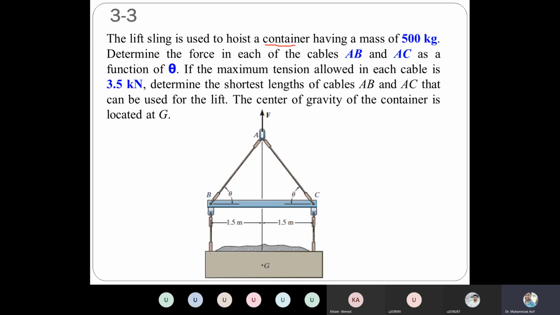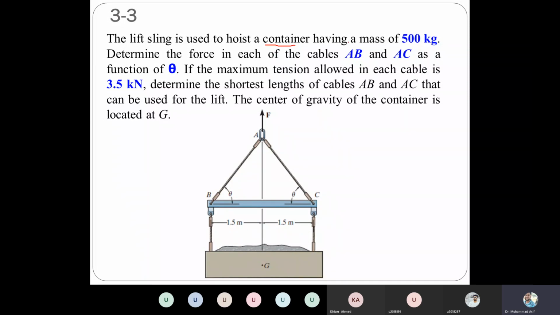Normally at the dry port, these containers are loaded or unloaded using such an arrangement. There is a crane on that. This sling is connected with that overhead crane, and then you can either pick that container or put that container. The question is relating to that.